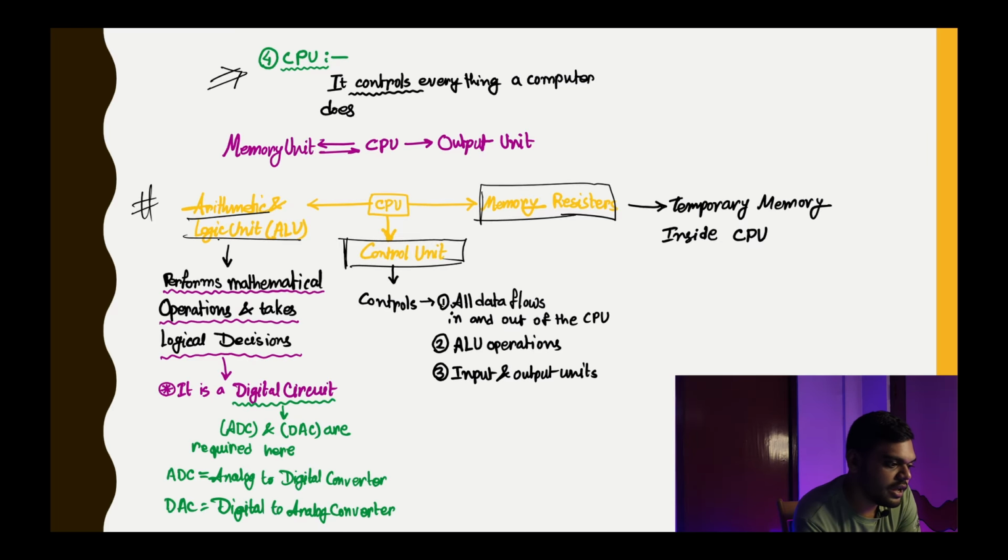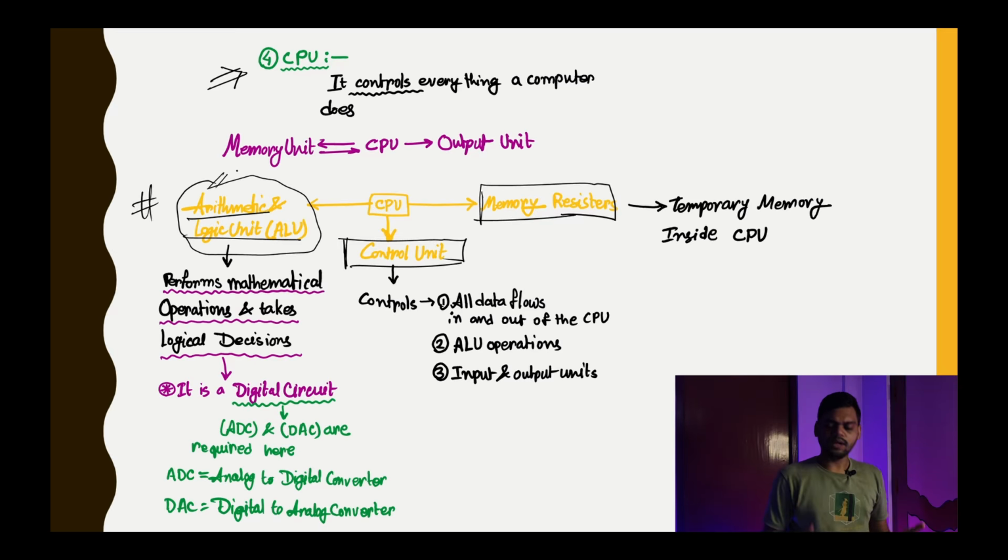Now we have the ALU, arithmetic logic unit. This unit does those operations we are talking about. Those operations are performed inside the CPU, specifically inside the ALU. In that unit we do mathematical operations or logical operations, whatever it is, it gets done inside the ALU. And the ALU is a digital circuit.